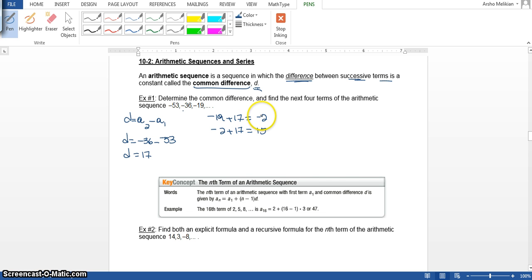We get 15. And then you do 15 plus another 17, 32. Plus another 17, 49. And a sequence is always written in linear form with commas. Okay, so those are the next 4 terms.